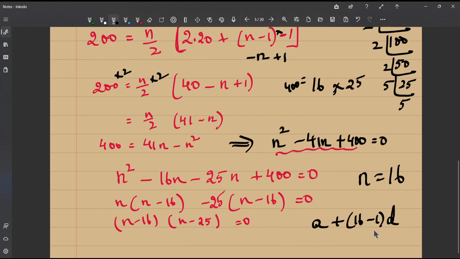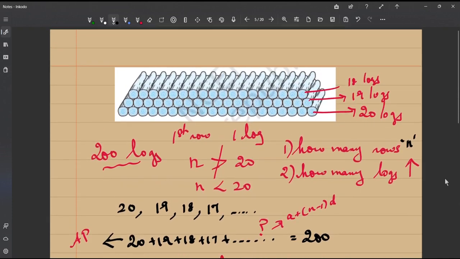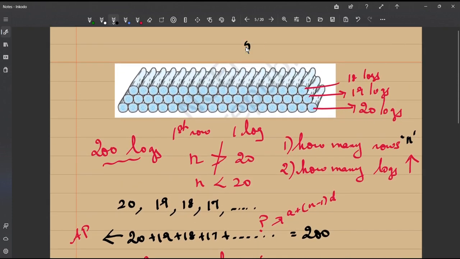So this is what the 16th term would contain, or 20 plus 15 multiplied by minus 1, which is 20 minus 15, which is equal to 5. So there would be 5 logs in the topmost row, which is the 16th row, right?